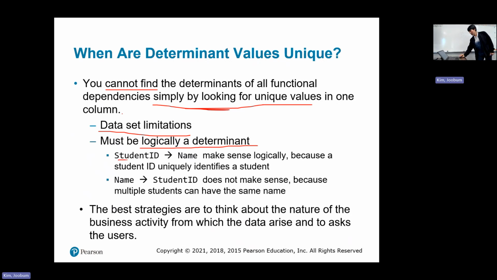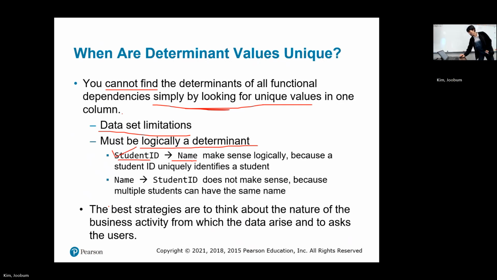For example, student ID determines name. Makes sense. Like 983-10100 is related to only one student, like Joshua. If there are no two persons with the same ID, only one ID is associated to Joshua. So that one makes sense.